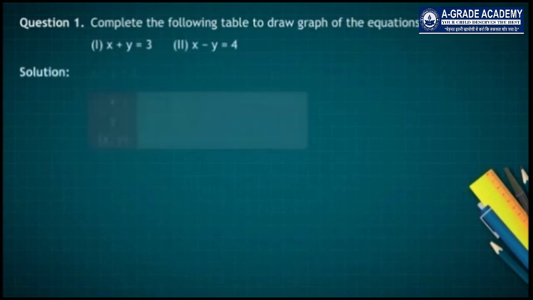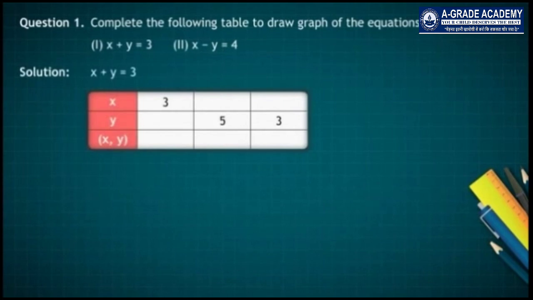Solution. x plus y is equal to 3. x is 3, y is 0, (x, y) is (3, 0). x is minus 2, y is 5, (x, y) is (minus 2, 5). x is 0, y is 3, (x, y) is (0, 3).